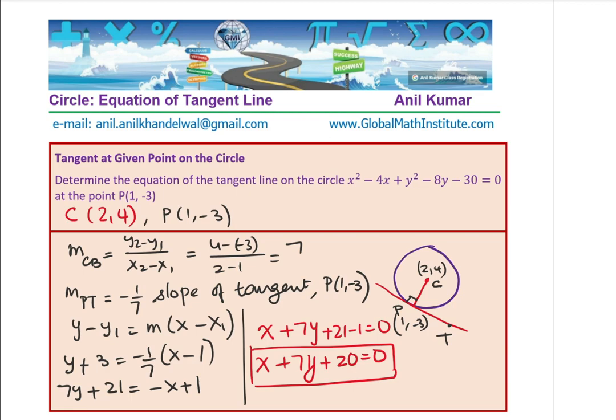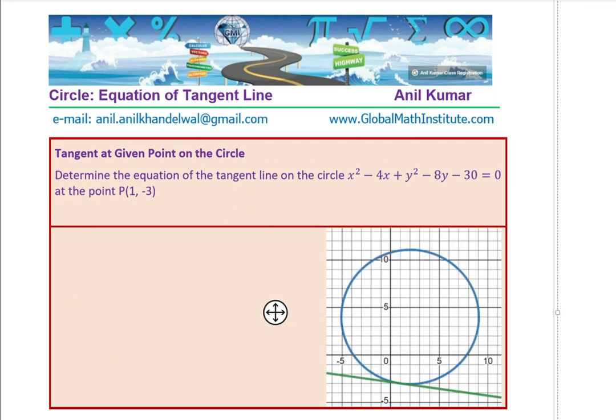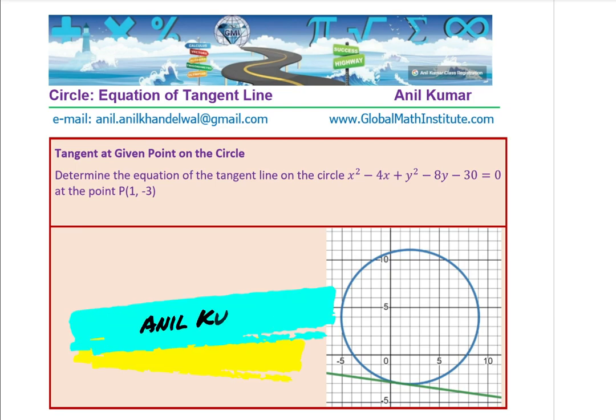Do you understand the method? So basically what we did here, the figure is also given to you. We began with the equation of the circle, which is x squared minus 4x plus y squared minus 8y minus 30 equals 0.